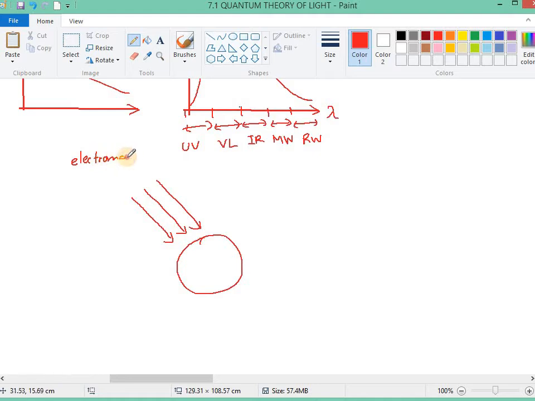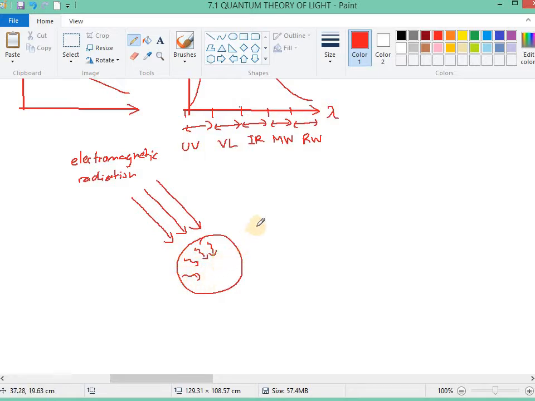That means no matter whether it is radio wave, microwave, visible light, infrared, ultraviolet, X-ray and so on, when electromagnetic radiation falls on this object, the object will be able to absorb all of the energy.